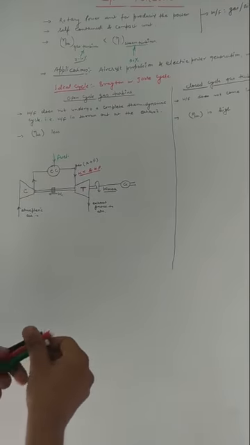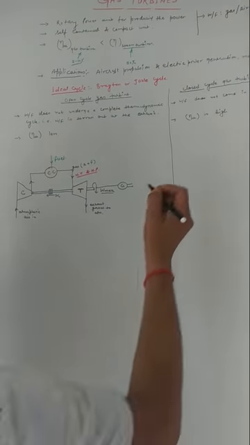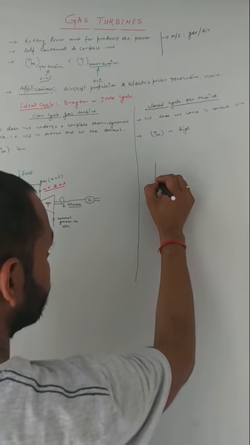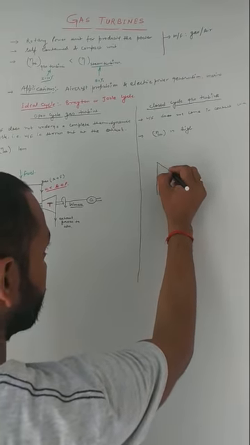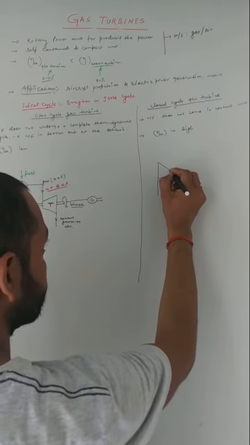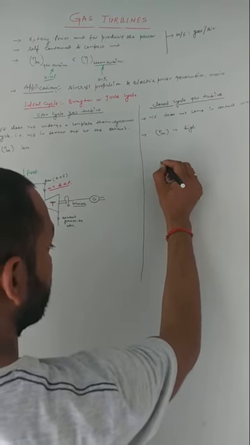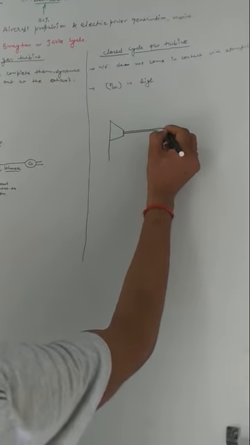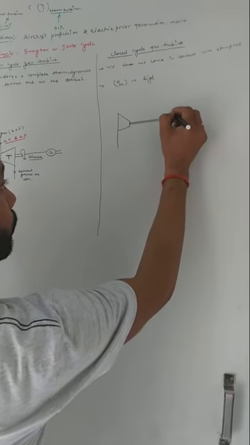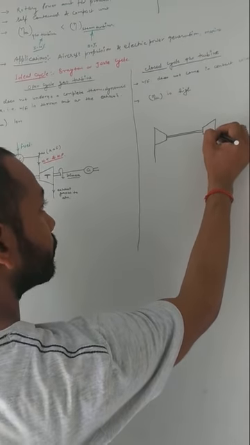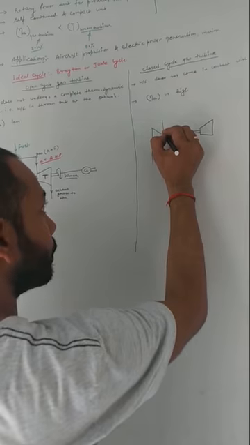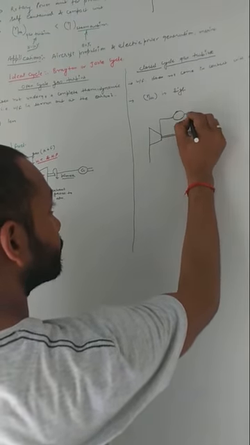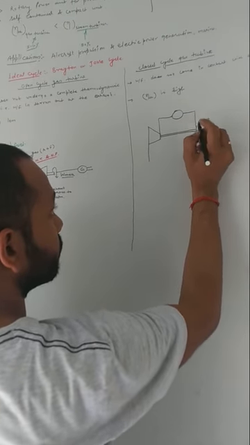Okay, now we can draw a layout of closed cycle. It is almost similar except the expansion process, except the exhaust process. This is the turbine and the combustion chamber where the combustion takes place.